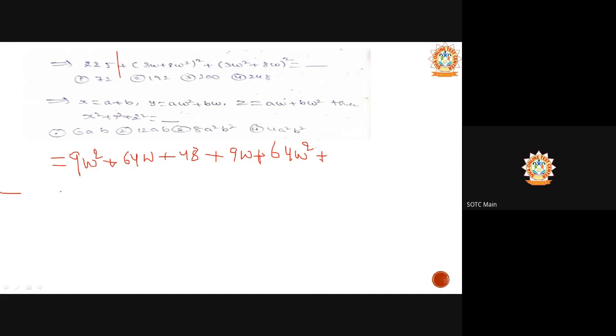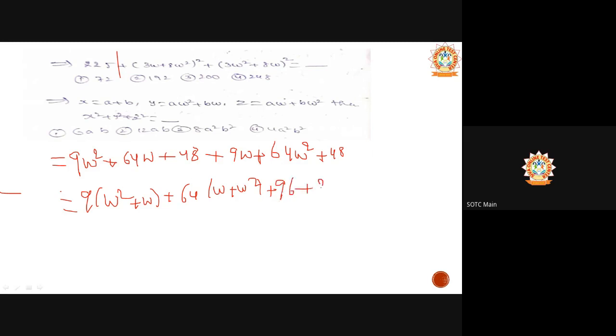Now if you see 9 omega square, take 9 common here. From this you take omega common, omega plus 64 common omega plus omega square, plus 48 plus 48, that is 96.